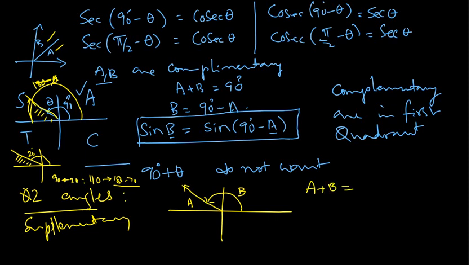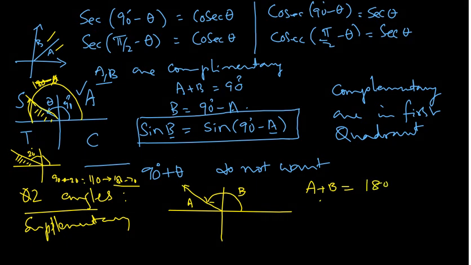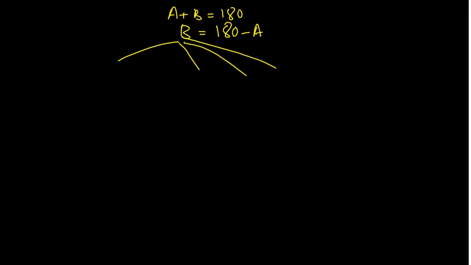If I add A and B, I get a total of 180. That means B can be written as 180 minus A. Now we talk about A plus B equals 180 and B equals 180 minus A for all the 6 ratios.